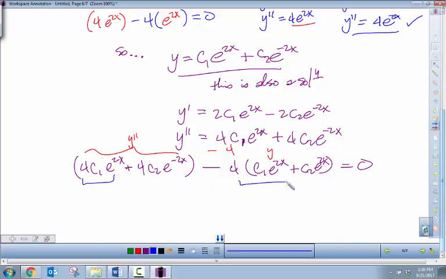I'll take these two here, 4c1 e to the 2x minus 4c1 e to the, one of them's a minus. So I'm going to reorder this a little bit.